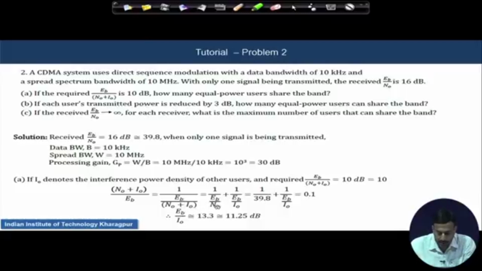So we rewrite these terms, and taking this reciprocal helps us split this term into Eb by N naught and Eb by I naught. So we already know what is Eb by N naught in linear terms, so we substitute it, and the rest of it is just simplification, and using simple mathematics we calculate the Eb by I naught ratio. So it turns out that Eb, that is the energy per bit divided by interference PSD, is found out to be 11.25 dB.